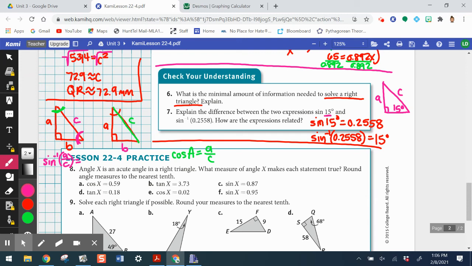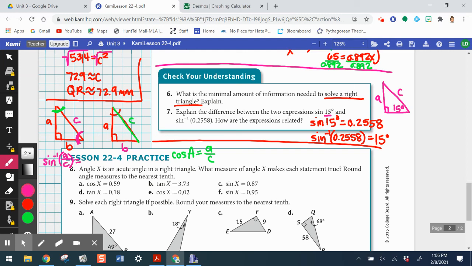In other words, sine of 15 degrees is A over C. And regardless of whatever the length of A is, some number, when it's put on top of C in fraction form and then rewritten as a decimal, it's going to be that decimal.